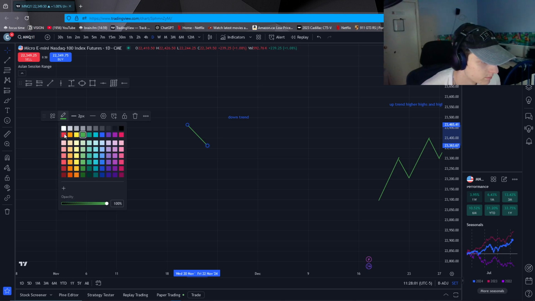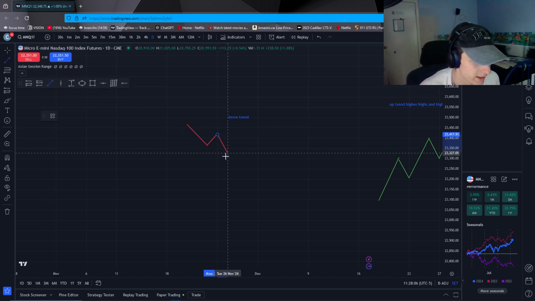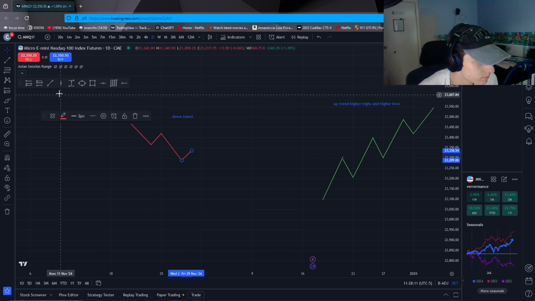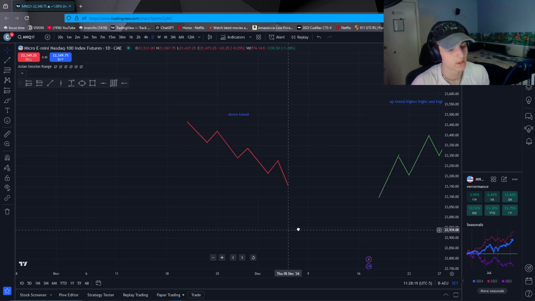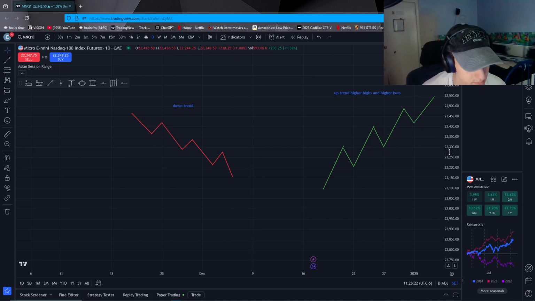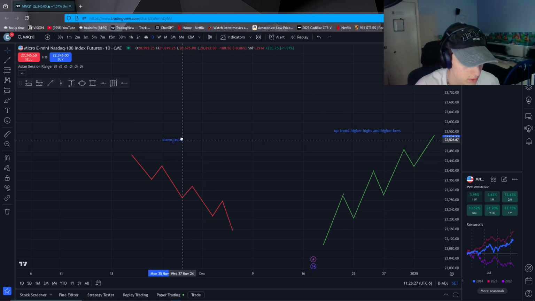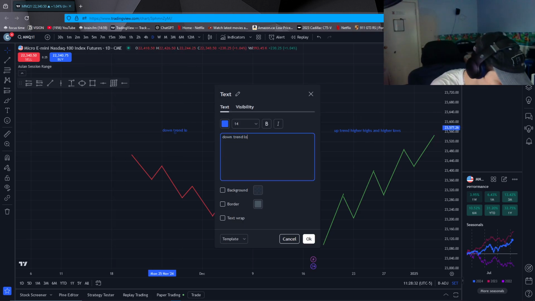Let me make them red so it's more visually appealing, I guess. Alright. So, what do we have? Downtrend. If uptrends make higher highs and higher lows, then downtrends make lower highs and lower lows.